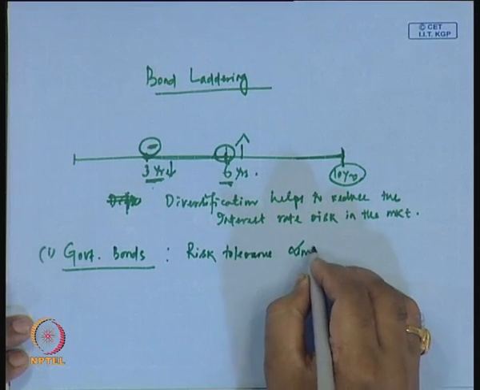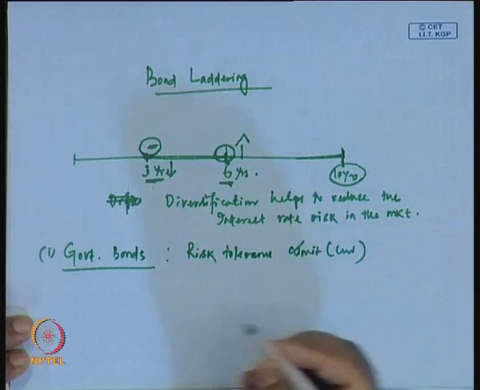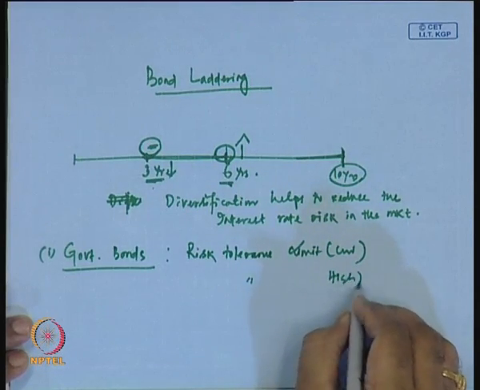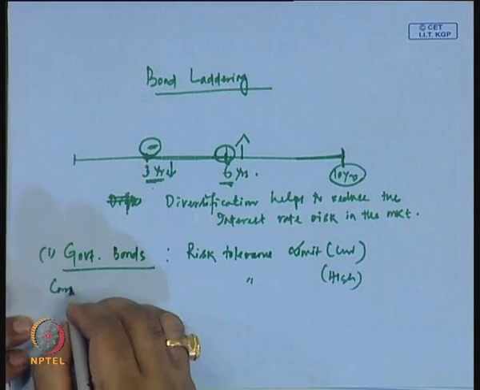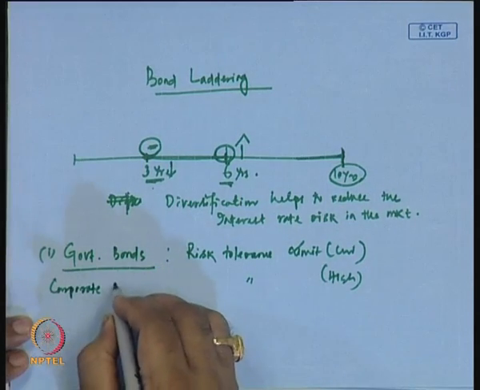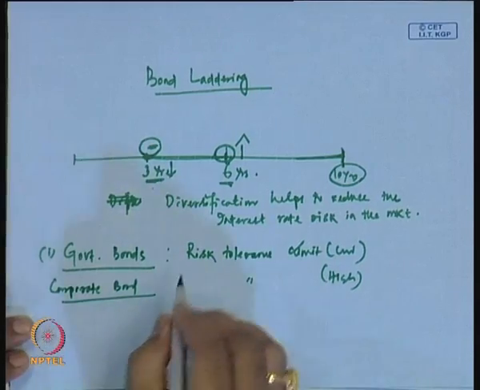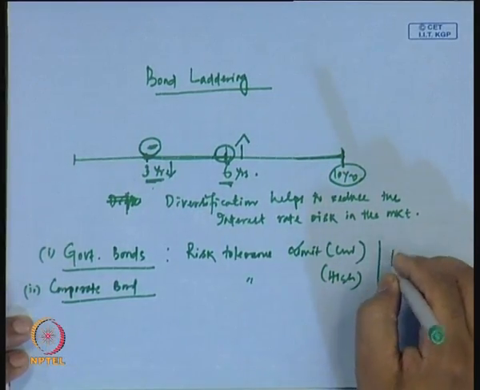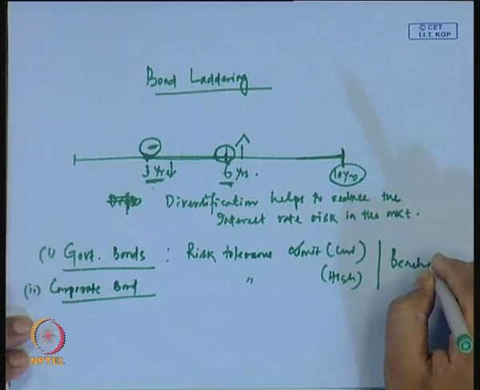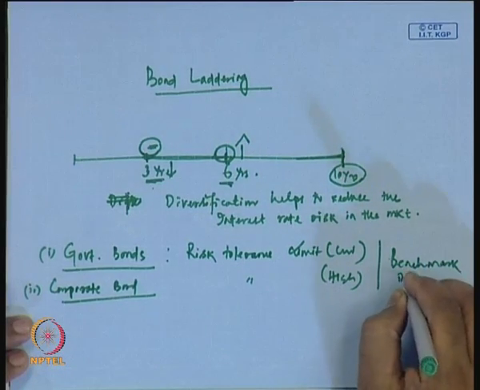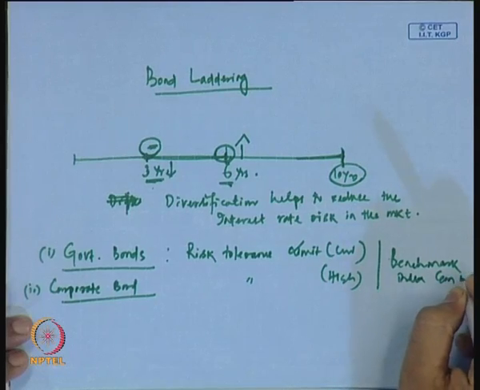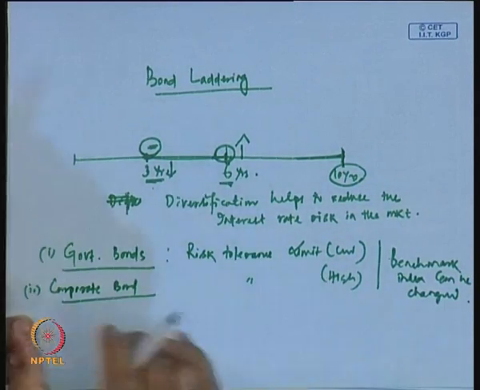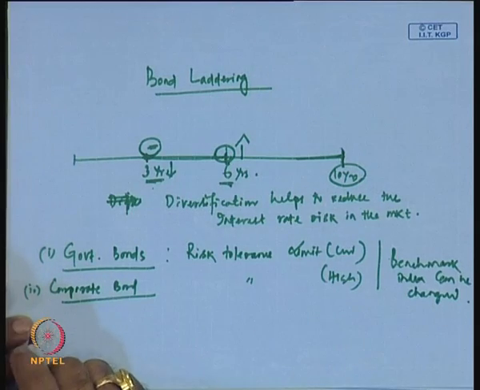But if the risk tolerance limit is a little bit high, then what can we do? We can go for some risky corporate bonds to make our portfolio, or our index, and accordingly the benchmark index can be changed, because the investment philosophy in these two cases is different.